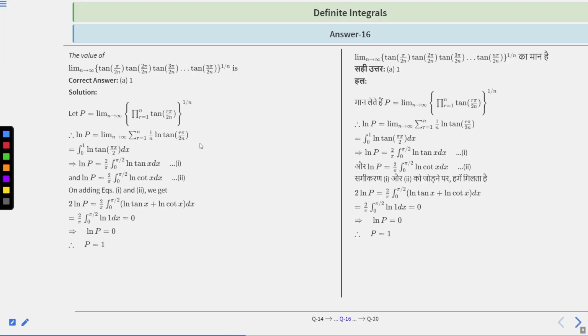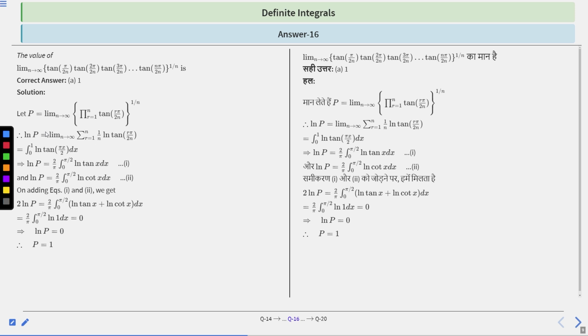Okay, let's move to the solution part. Let P be the limit as n tends to infinity of the product for r equal to 1 to n of (tan(rπ/2n)) to the power 1/n.